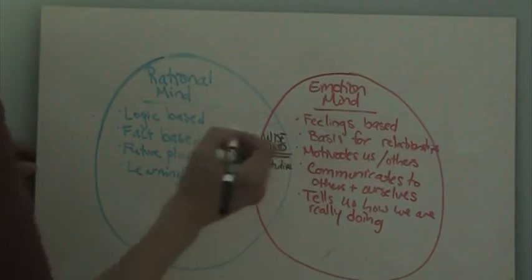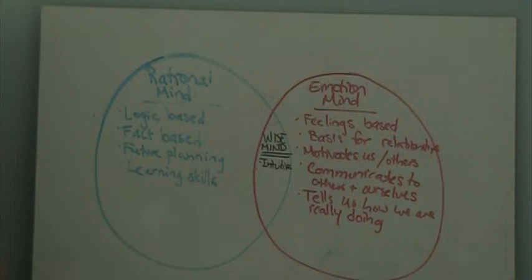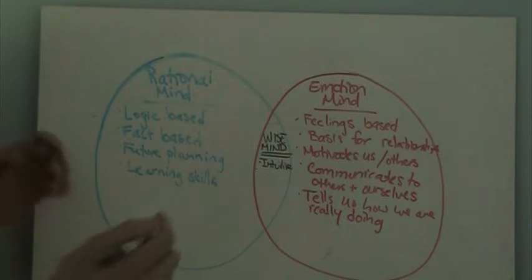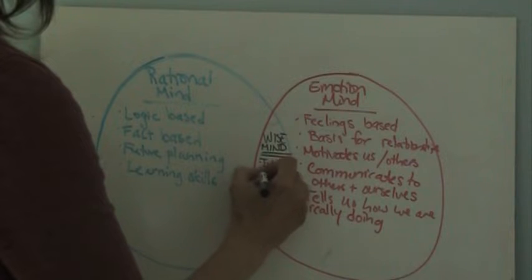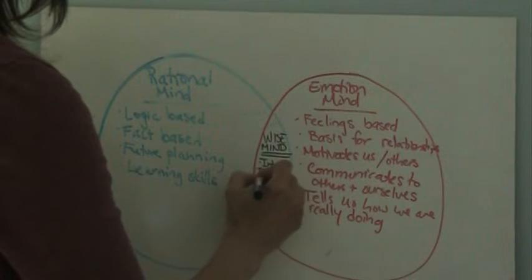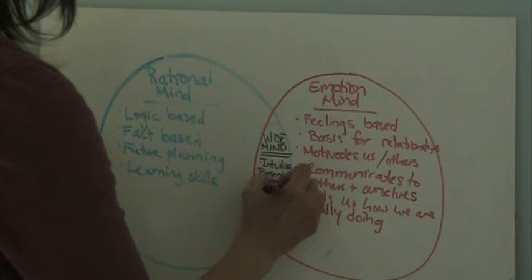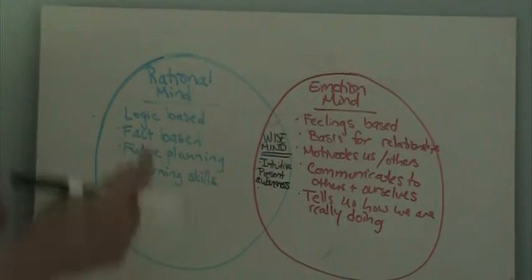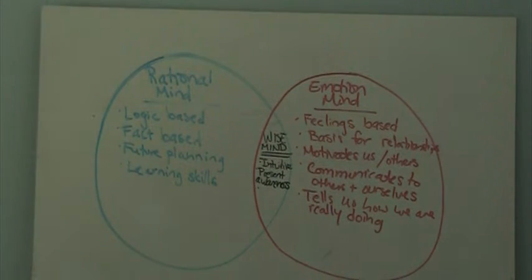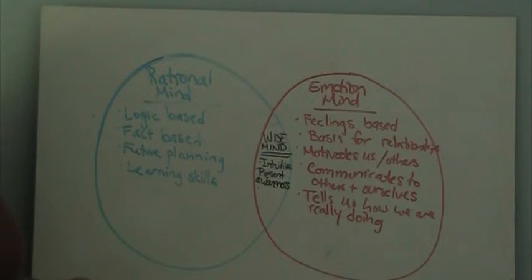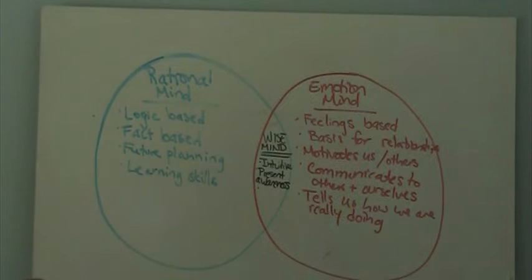And wise mind is the state of being where we are fully present and aware. And I'm going to call that present awareness. Wise mind is what allows us to use what we know and what we feel to make the best choices for ourselves and our lives.